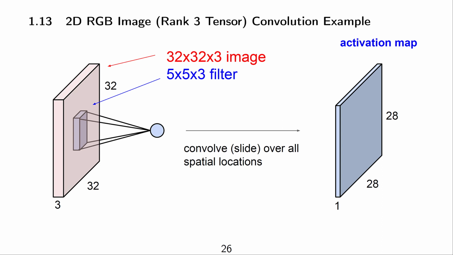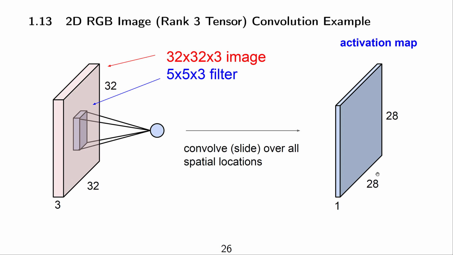So how many values do we need to define this convolution? We would need 5 times 5 times 3 equals 75 values, plus 1 for the bias term, so 76 values to go from this orange input tensor to this blue output tensor.